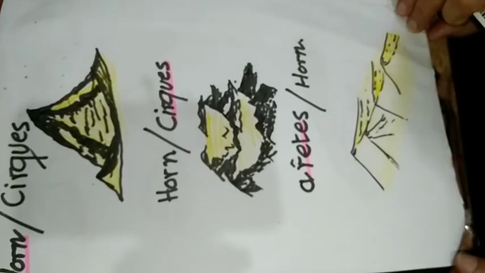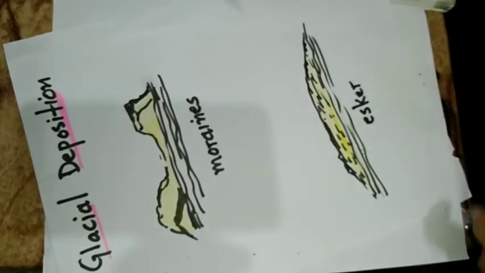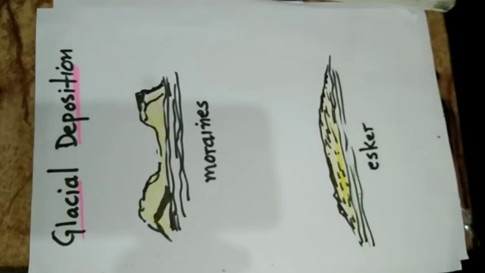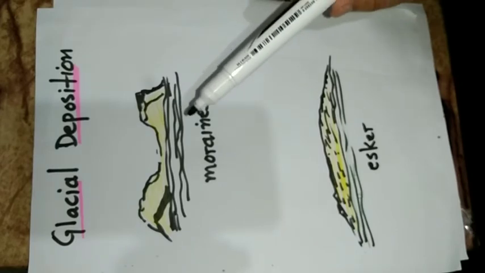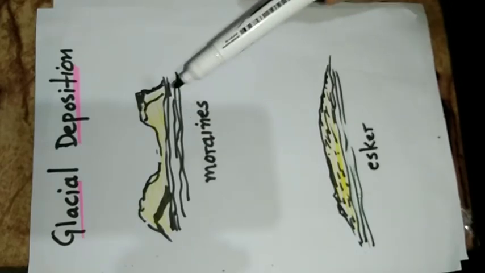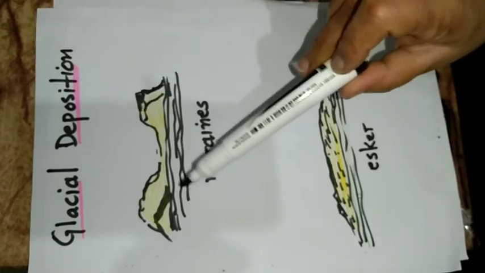Here comes the depositional function of glaciers. These are glacial depositions. First of all, a moraine. How are moraines formed? A glacier moves and leaves behind glacial deposits or till, which form mounds or ridges of different shapes.